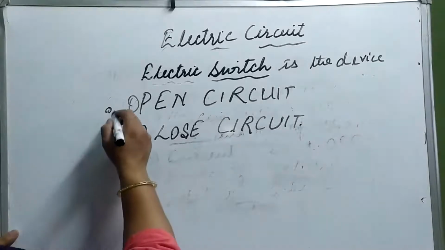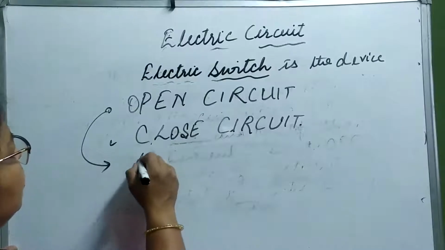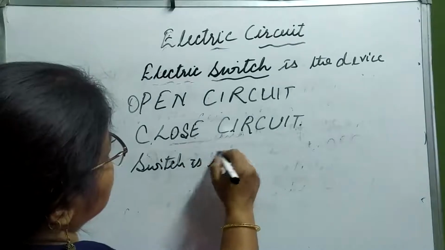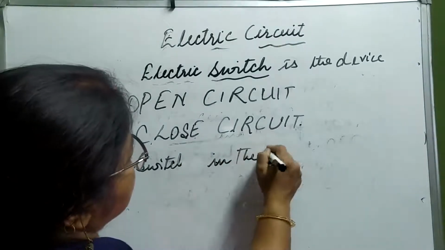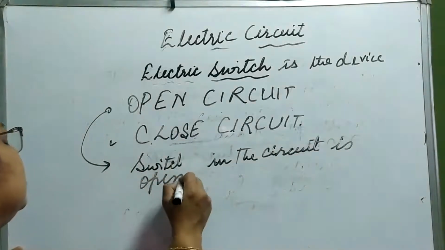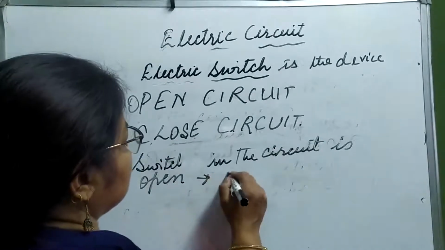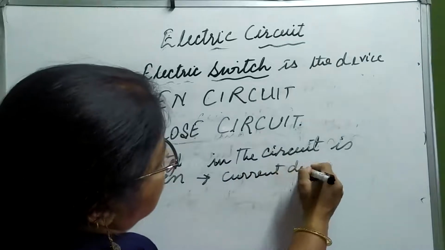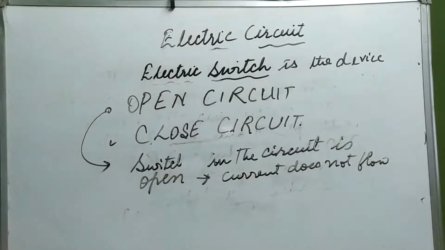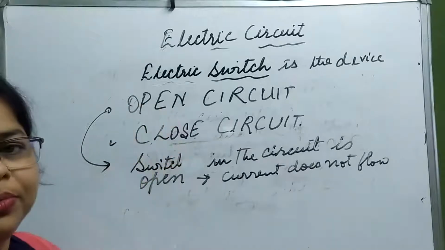Let us discuss first open circuit. When the switch in the circuit is open, then the current does not flow through the circuit, and such type of circuit is said to be open circuit.